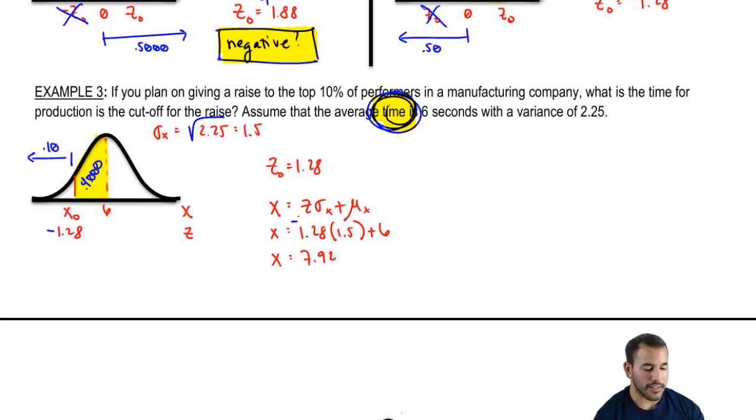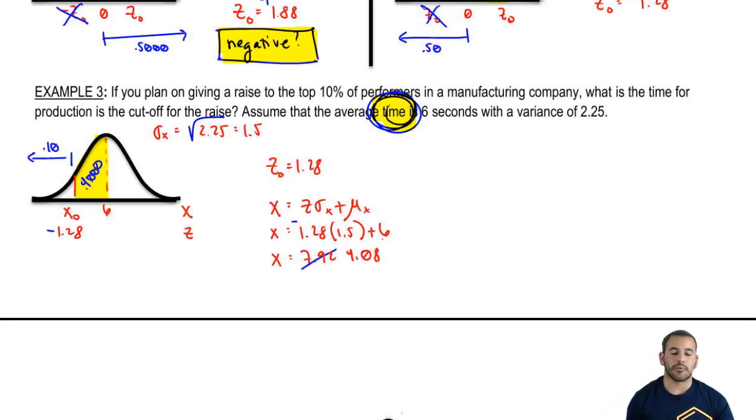So this becomes negative, right? And so instead of being 7.92, we should be getting 4.08. That actually makes a lot more sense because 7.92 is above 6, and we're actually supposed to be on the left side. Does that make sense? If you get 7.92, you're above 6, that doesn't really make sense. So you should be on the left side. You may have made a mistake on just the sign of the z-score that you're using in your formula.